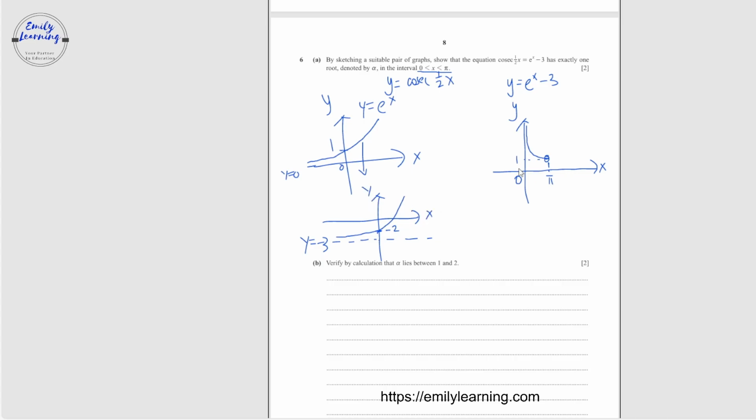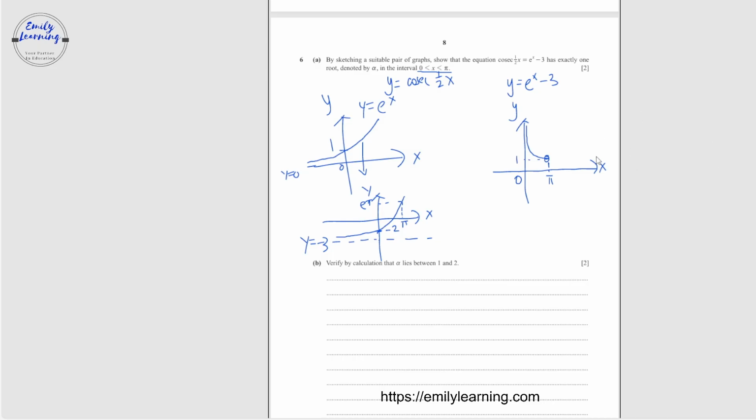Okay, so let's do it. So this is how the curve will look like. Because we only need from 0 to pi, let's find out what is the value when it is pi. So I know that this will be e to the power of pi, which is around 23 point something.